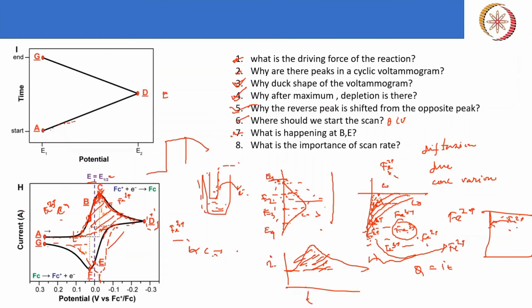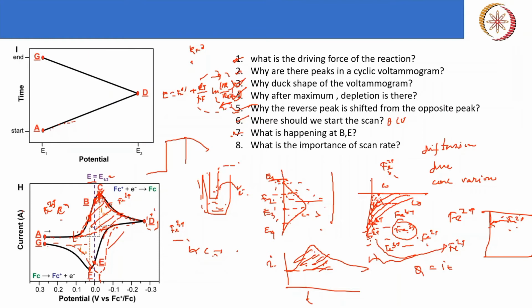As you know from the Nernst equation, E is equal to E naught plus RT by nF ln of ox by red. So for E half, as it is a reversible process, whatever the forward reaction and the backward reaction, the concentration of the oxidation and reduction product is the same. That means reactant and product concentrations are the same.